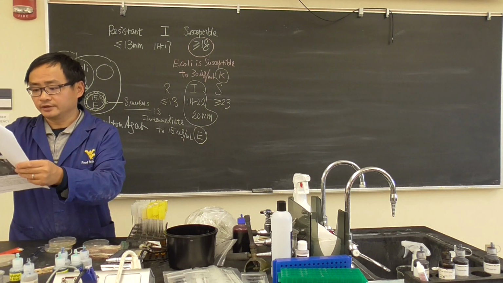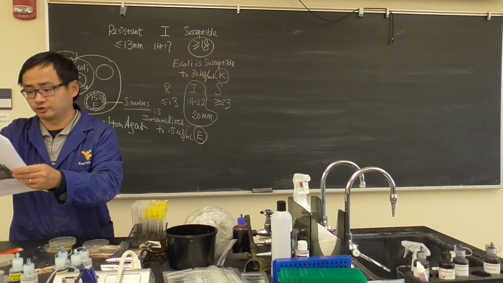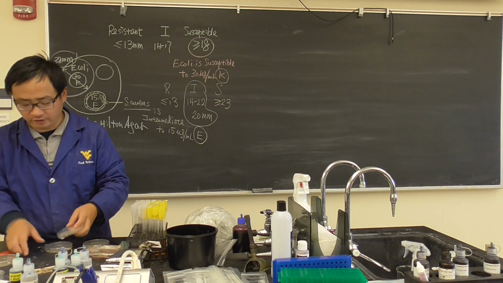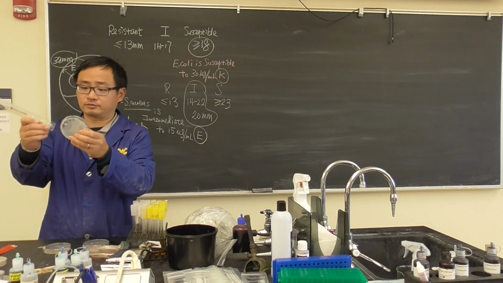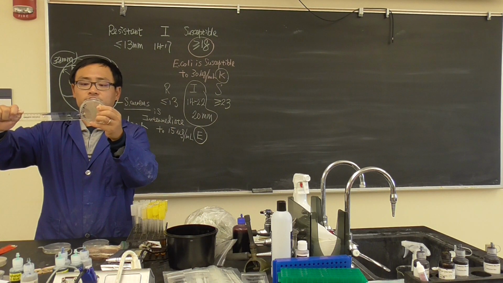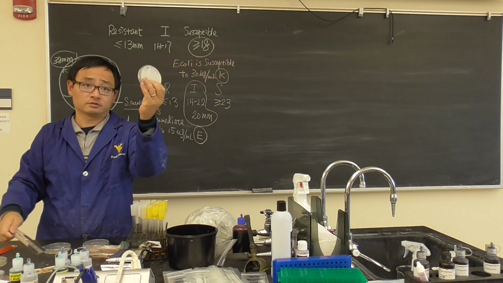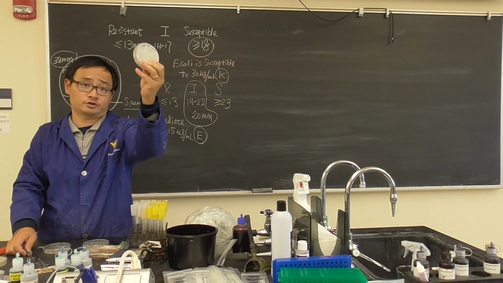If it is more than 19 millimeters, it means it is susceptible. If you measure it, it's much more than that. It's like 20 millimeters, so we can say E. coli is susceptible to tetracycline 30.